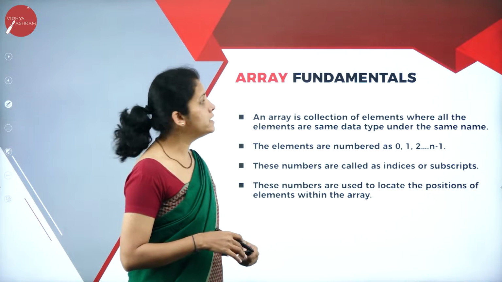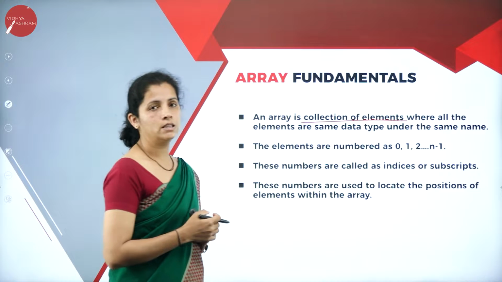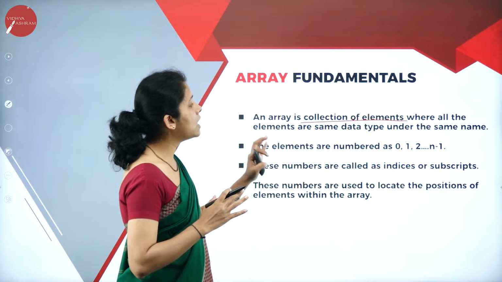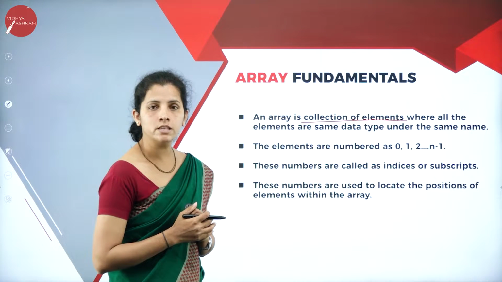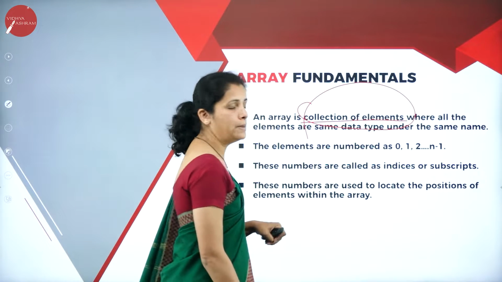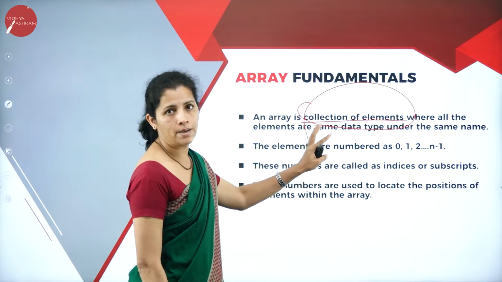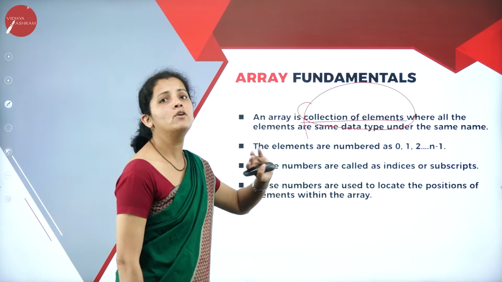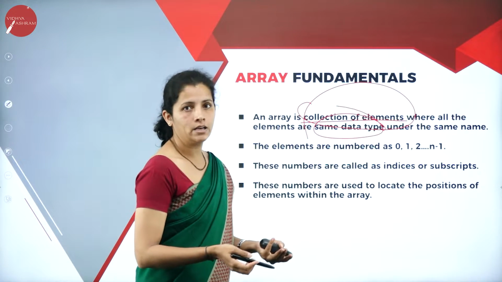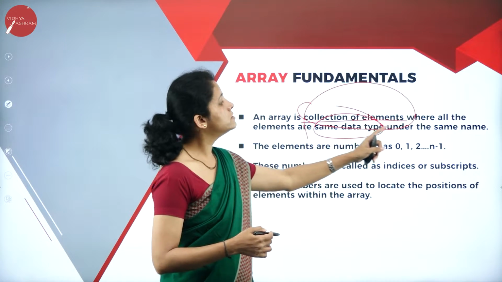So what is an array here? It is nothing but a collection of elements where all the elements are of the same data type under the same name. I repeat, it is a collection of elements where all the elements are of the same data type, that is, the same kind of data items, homogeneous elements under the same name.